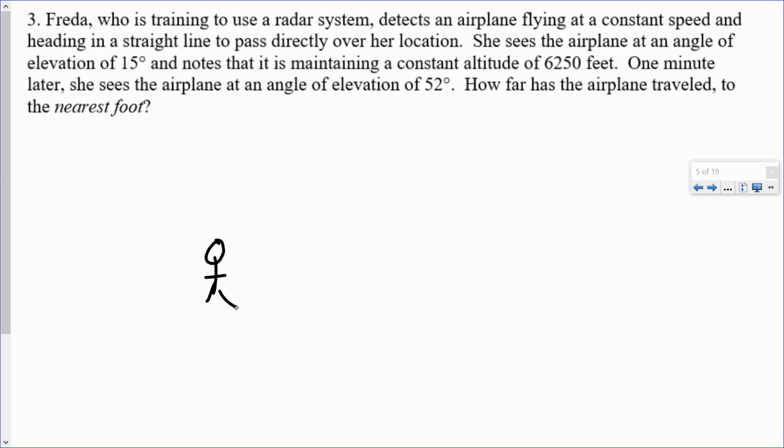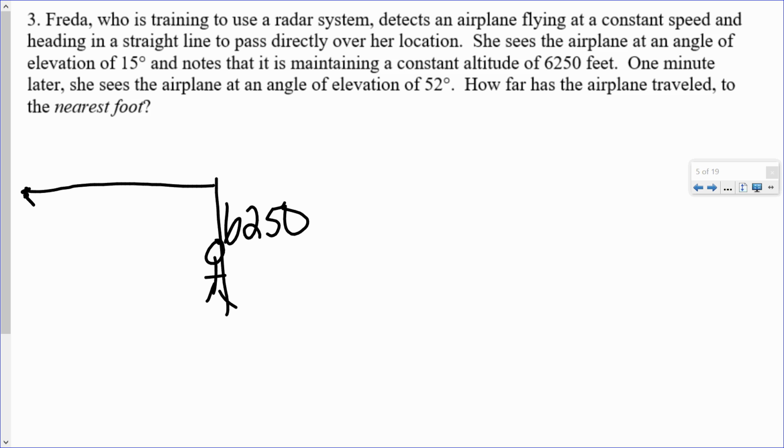Here's Frida. There's an airplane, and it's flying, so it's going to end up straight overhead. She sees the airplane at an angle of elevation of 15 degrees and notes that it's maintaining a constant altitude of 6250. So the altitude is 6250.